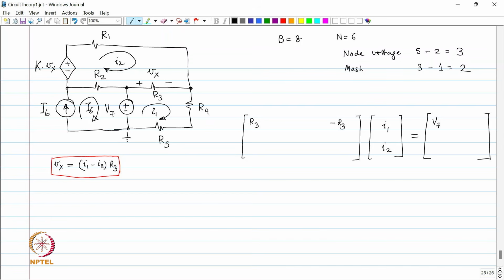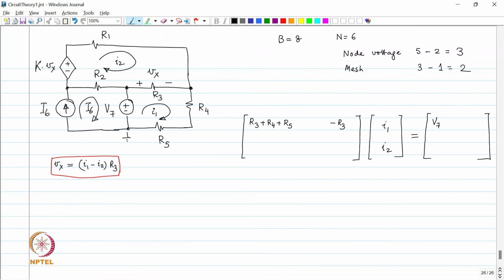Then there is the drop across R4 and R5, which is I1 times R4 and I1 times R5. Done. This is the first loop, seemed fairly easy.